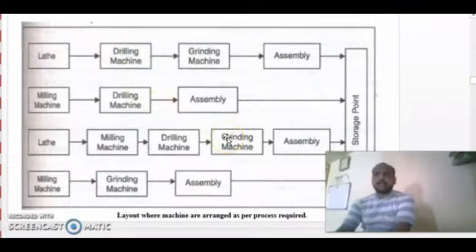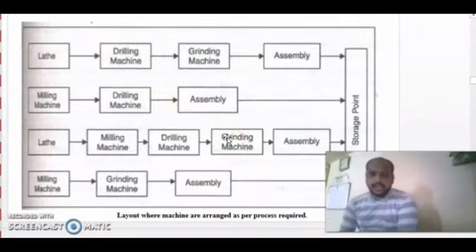There your objective is to save the time of manufacturing, so that machines are organized in sequence of manufacturing. Machines are organized in order to follow the sequence of manufacturing. You can observe from this diagram. So this is the advantage.